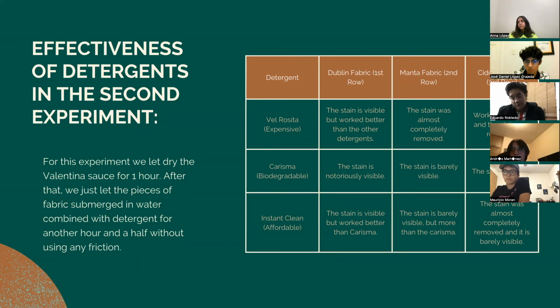Charisma, which is a biodegradable detergent, had the intermediate effect between all of the fabrics, and Instant Clean, which is affordable, worked better without any friction than in the previous tests.